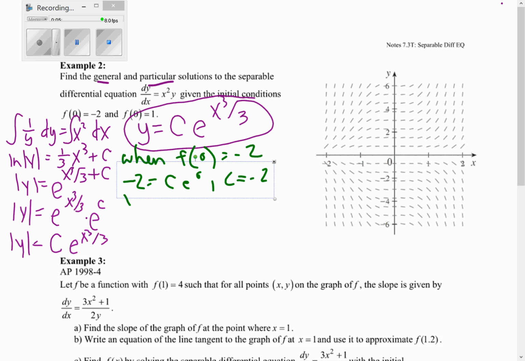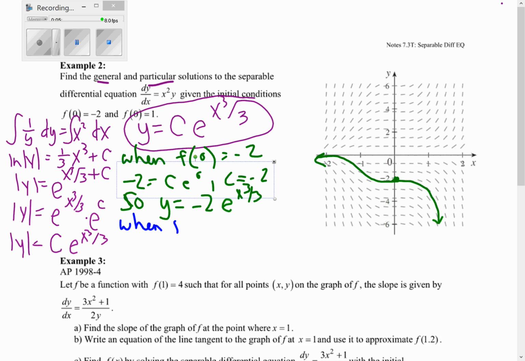So y equals -2 e to the x cubed over 3. If we graph that, f of 0 equals -2, and follow our slope field here, it would look something like this. If you graph it on your calculator, you can check that, and you should get that same equation.